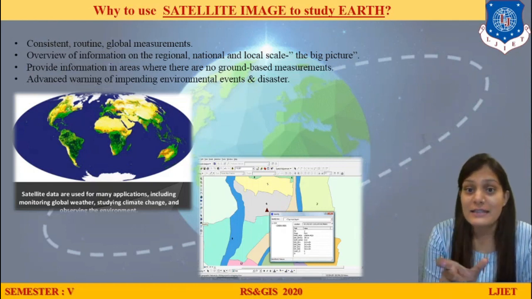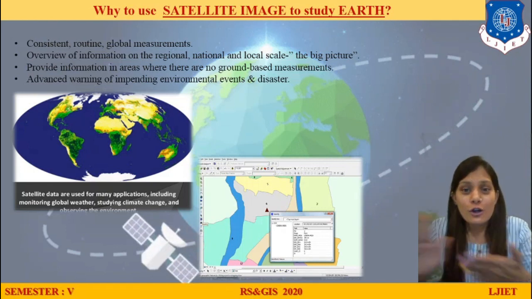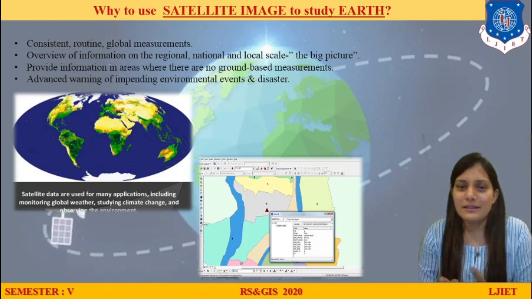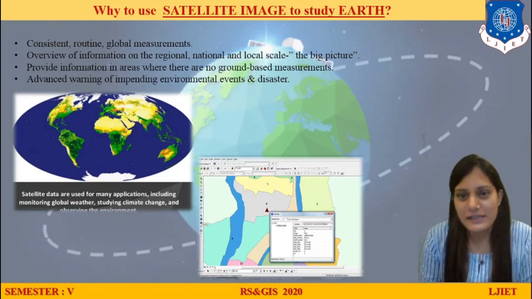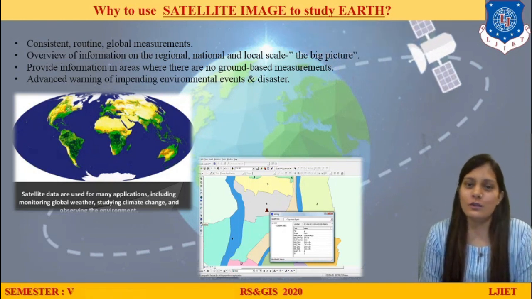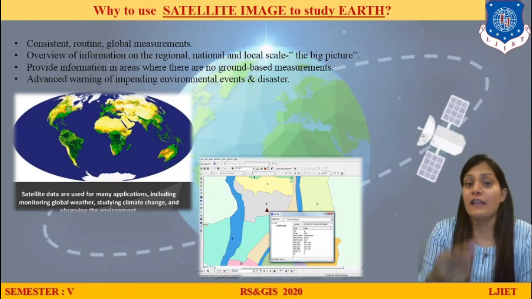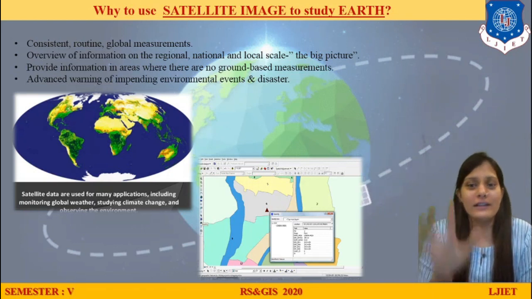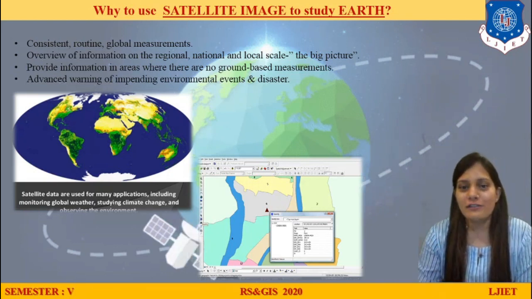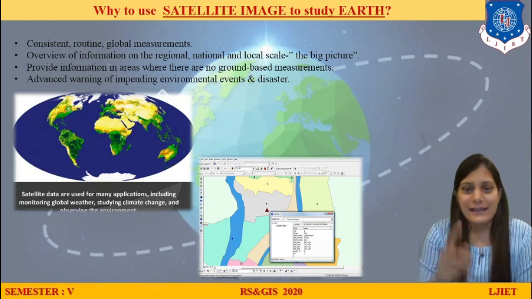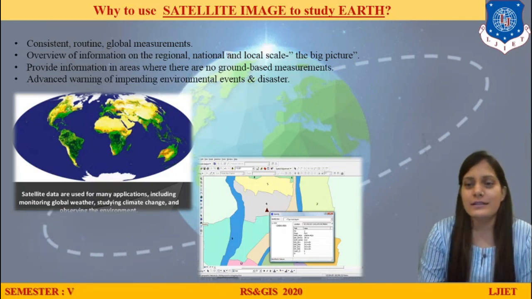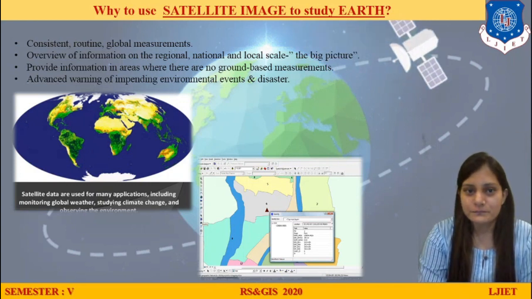The interface is what? The display portion of your Earth. Remember, that is why I have shown you here the GIS software interface. Your interface actually looks like this, and in this we are going to put what? Our data, that is our image or a vector file or a raster file, and then we are going to work on it, right? Those are the applications which we are going to discuss right now in this module.